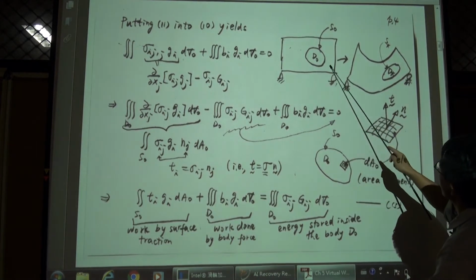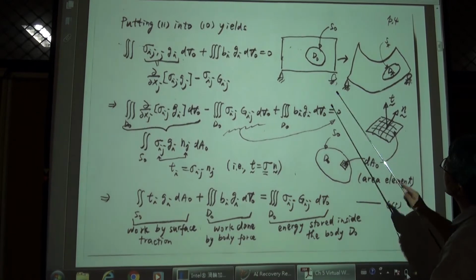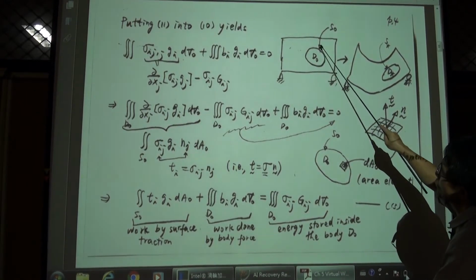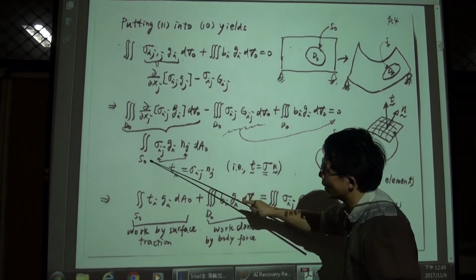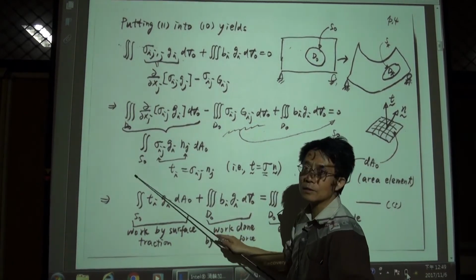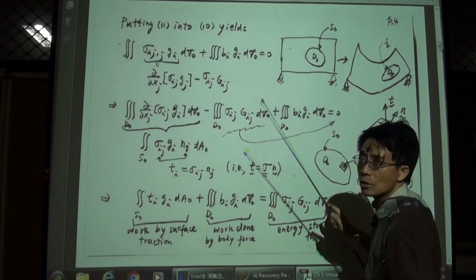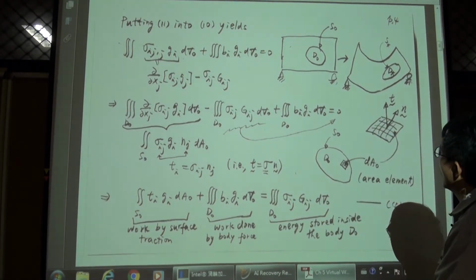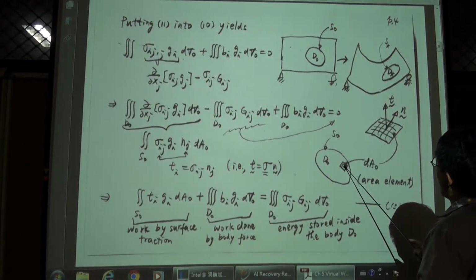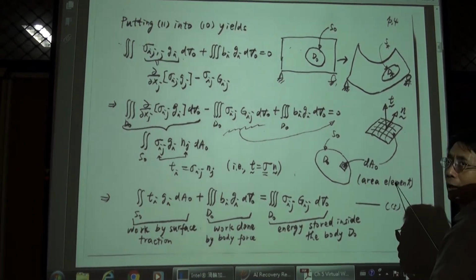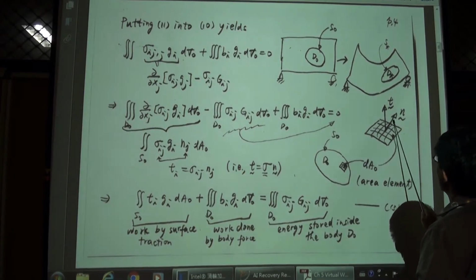Let me mention what V0 and A0 are here. We have a beam that deforms into a curved beam. We take a domain here, this is D0, and then the surface S0. S0 here is the surface, meaning that we are integrating all around this surface. On this surface we have the area element, and n is the normal vector.